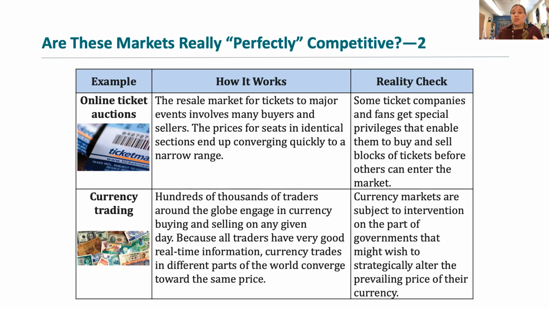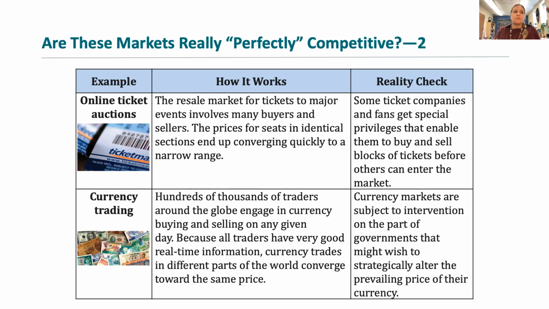Governments may wish to strategically alter the prevailing price of their currency to offset different economic conditions happening domestically within their own country. So again, not free entry, not free exit. There are some limits or barriers set on who is doing this trading, and there's also some power to manipulate prices. So again, not perfectly competitive.